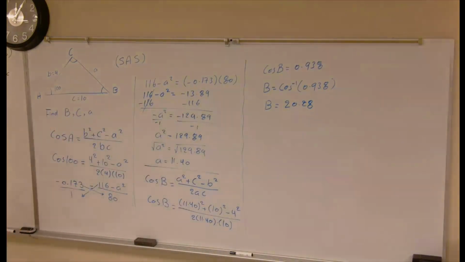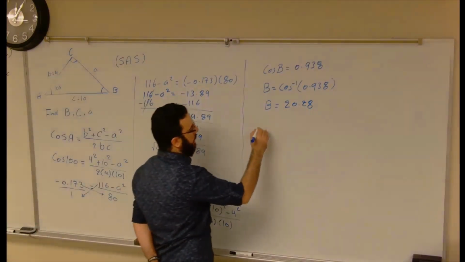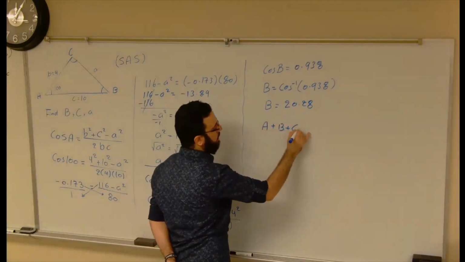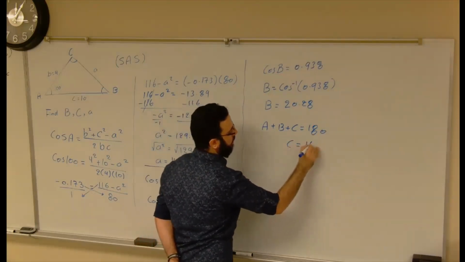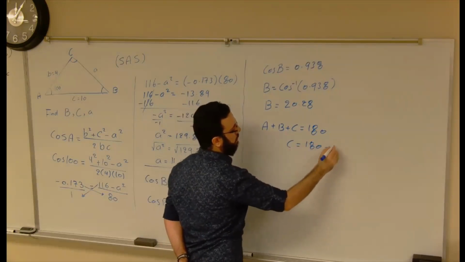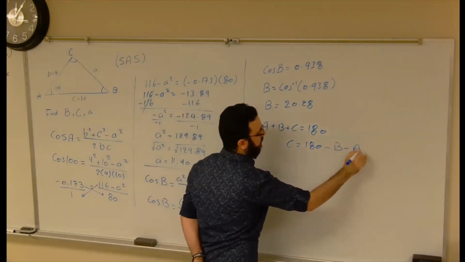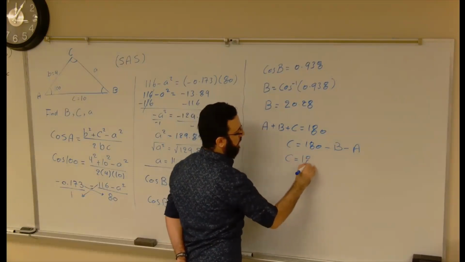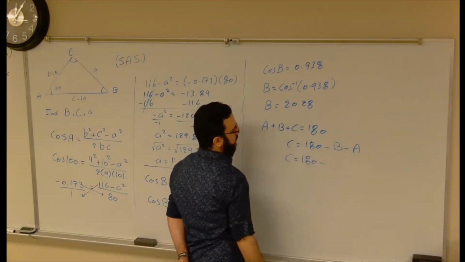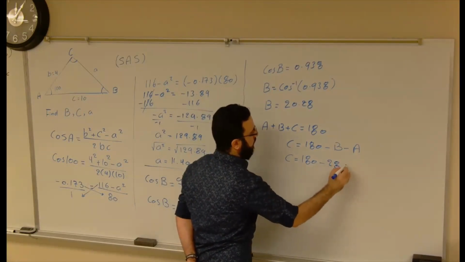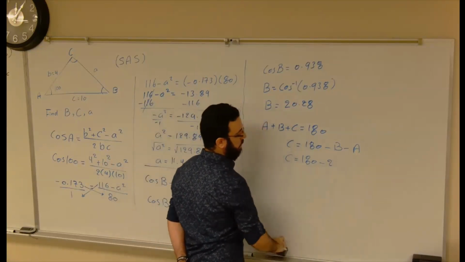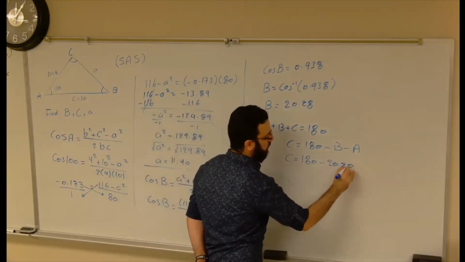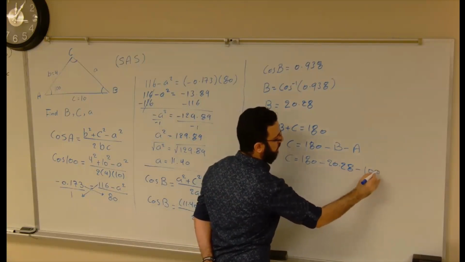If you want to use another formula to find C, it's up to you. Or you can say, okay, A plus B plus C equals 180. I need to find C. So 180 minus 100 minus 20.28.